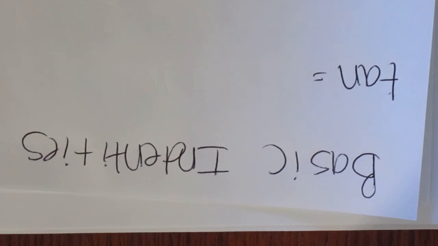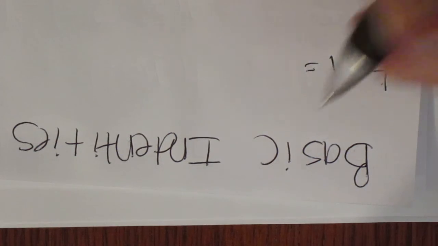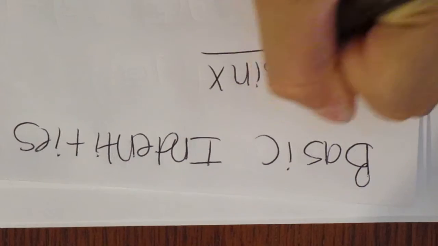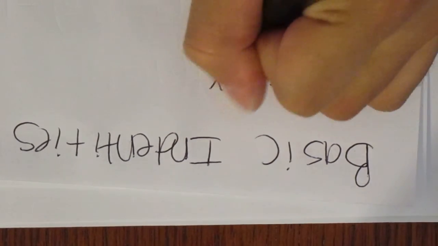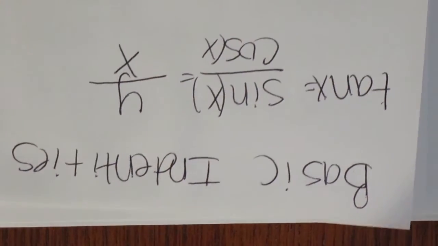So we have tangent. Tangent of x equals sine of x over cosine of x, or y over x.